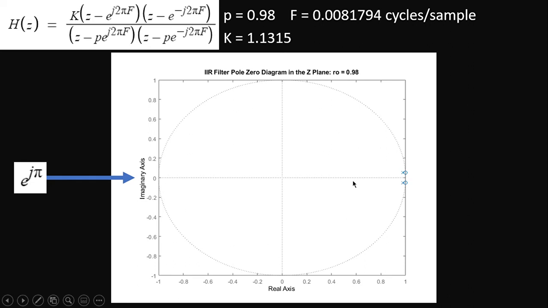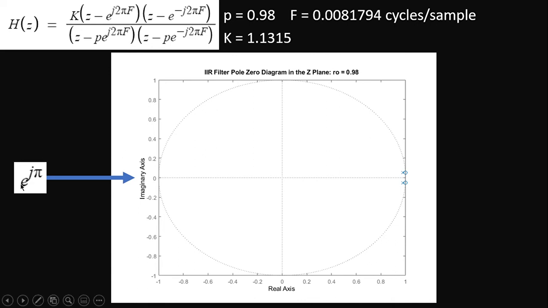Now we know that we care about the Nyquist range of frequencies, which in digital frequency terms is between negative 0.5 cycles per sample and positive 0.5 cycles per sample. And at plus or minus 0.5 cycles per sample, you're going to get z equals e to the power of j 2 pi f, where f is 0.5, so you get e to the j pi.